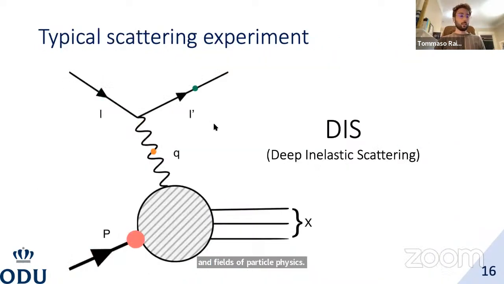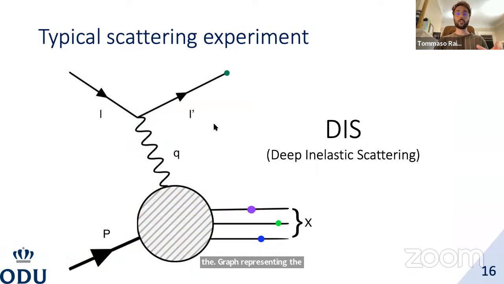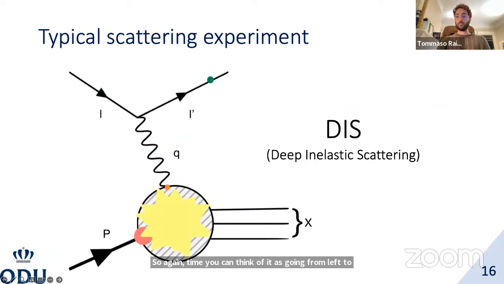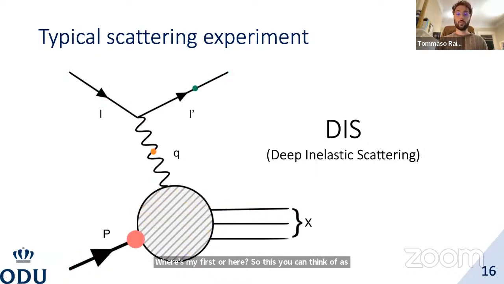Great, so let's go into DIS, scattering experiments, and factorization from here. Here I'm showing the graph representing the scattering of an electron off a proton. Again, you can think of time as going from left to right. This you can think of as the incoming electron that, by the rules of QED, quantum electrodynamics, just emits a photon that strikes the target.